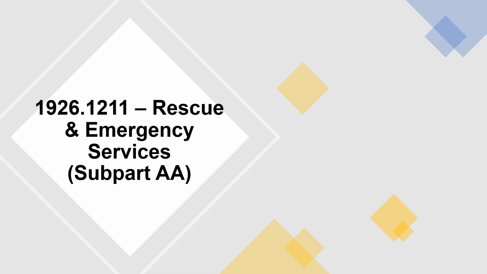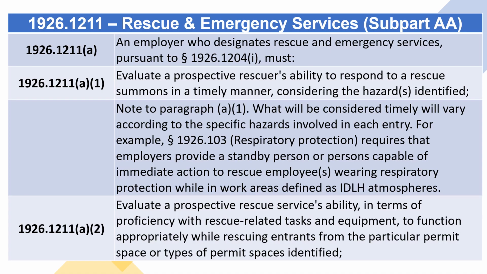1926.1211, Rescue and Emergency Services. 1926.1211(a): an employer who designates rescue and emergency services, pursuant to Section 1926.1204(j), must: (a)(1) evaluate a prospective rescuer's ability to respond to a rescue summons in a timely manner, considering the hazards identified.